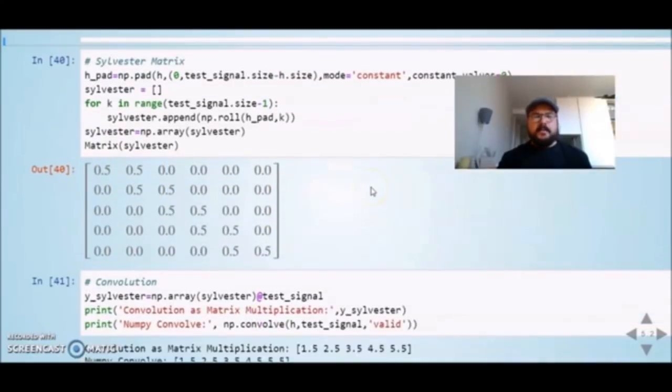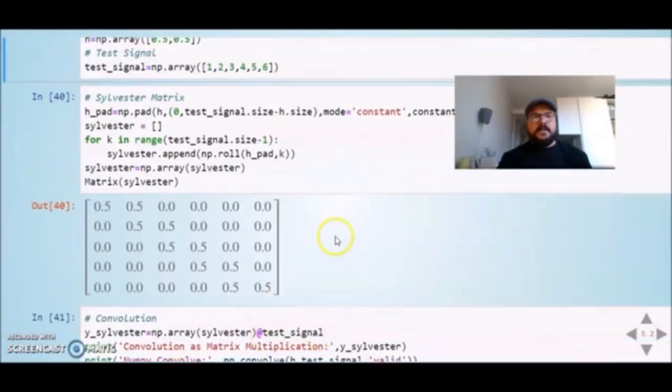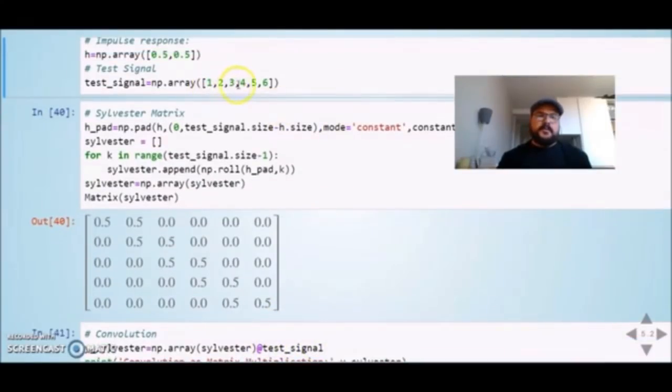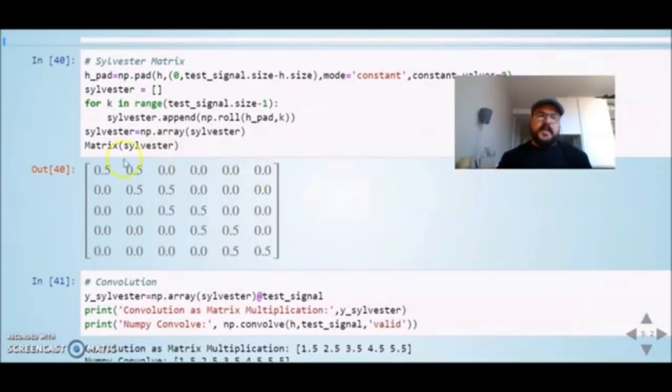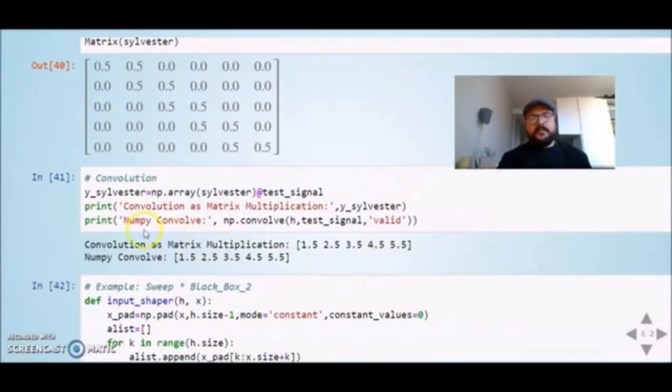And now we do a matrix multiplication with our test signal, which is the vector 1, 2, 3, 4, 5, 6, and we multiply by the Sylvester matrix, and then we will have our output. And in fact, we can see that when we use NumPy convolve, so the convolution by the NumPy library, and we have this matrix multiplication, we have exactly the same results.